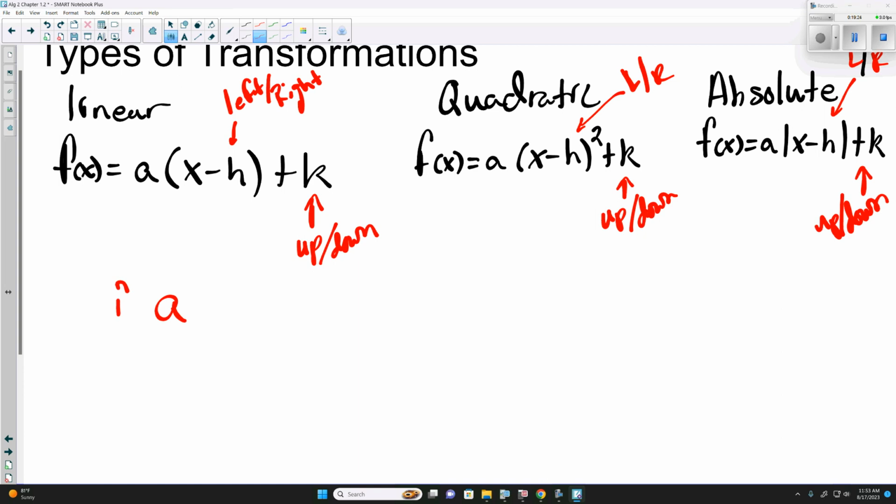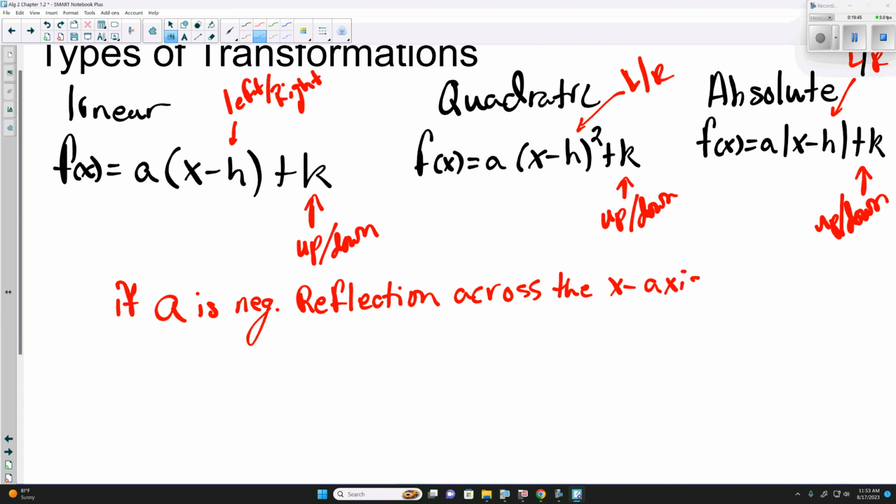If A, the value in front of the parentheses, is negative, it's a reflection across the x-axis.